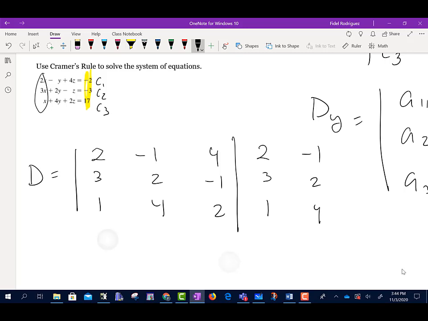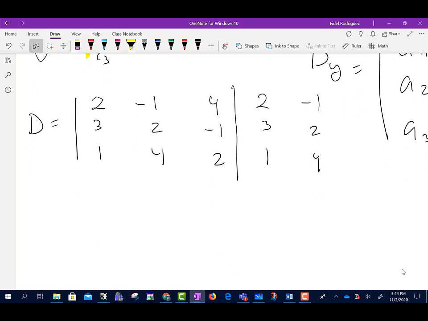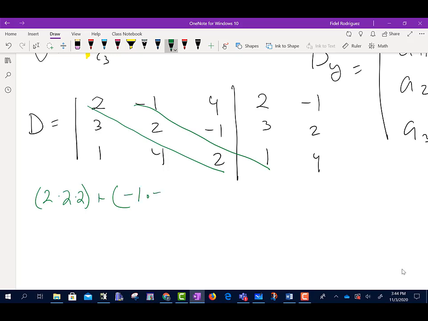Okay. And we're going to go one piece at a time. So the first step is going to be 2 times 2 times 2 plus -1 times -1 times 1 plus 4 times 3 times 4, okay, minus this part here.